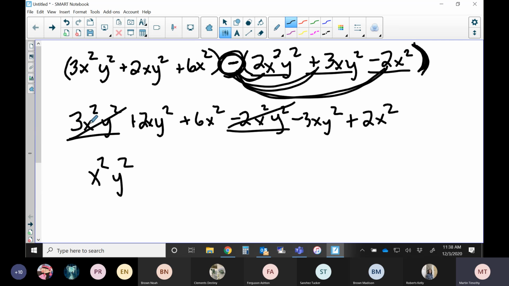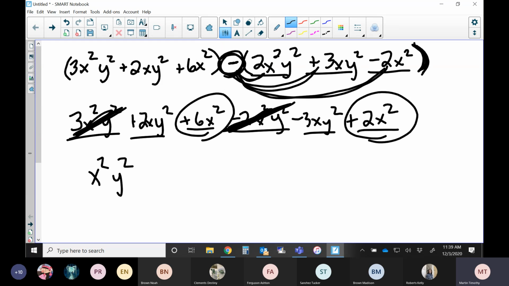Okay, so we just combined this and this. So this is left, this is left, this is left, this is left. So you could do the 6x squared and the 2x squared, couldn't you? Okay. Yes, we can. That's fine. And by the way, we'll talk about this at the end. So if you did this, what's the 6x squared and the 2x squared? What does that become?